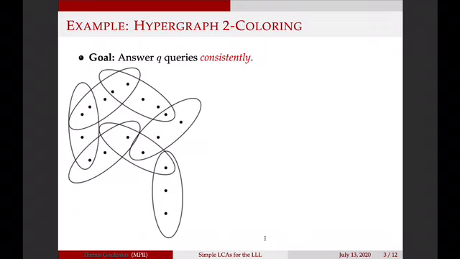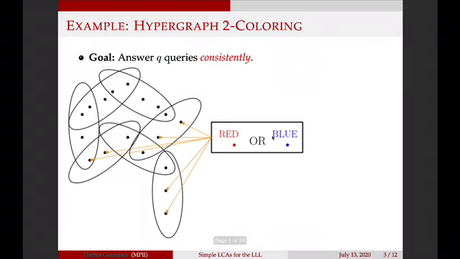Let me now give an example and at the same time point out an essential aspect of the local computation model. Consider the problem of hypergraph 2-coloring. That is, the problem is that we need to color every vertex of a hypergraph either red or blue, such that there is no monochromatic edge.